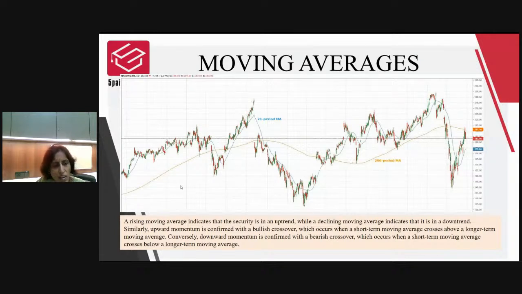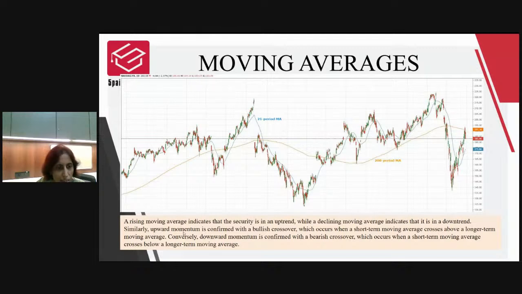A rising moving average indicates that the security is in an uptrend, while a declining one, you see this, the 200 period moving average is declining. Here also the 21 period moving average is declining. So a declining moving average indicates that it is in a downtrend.